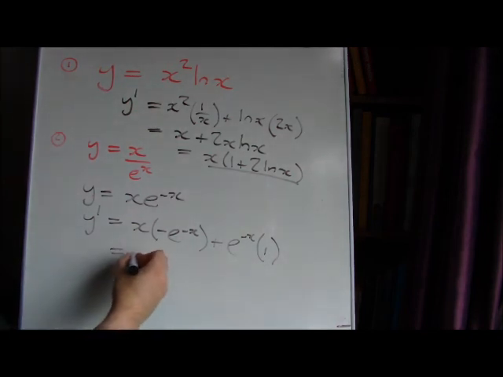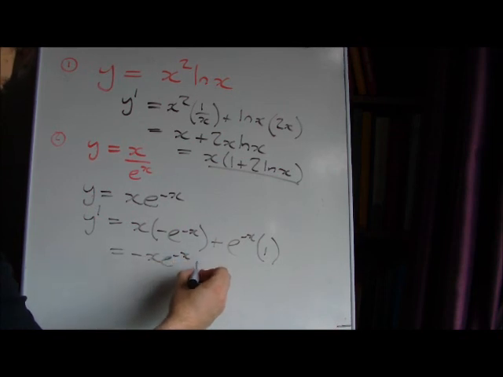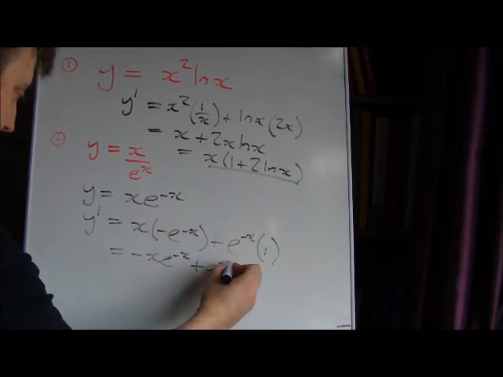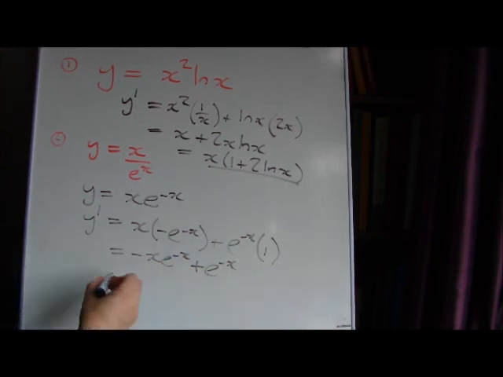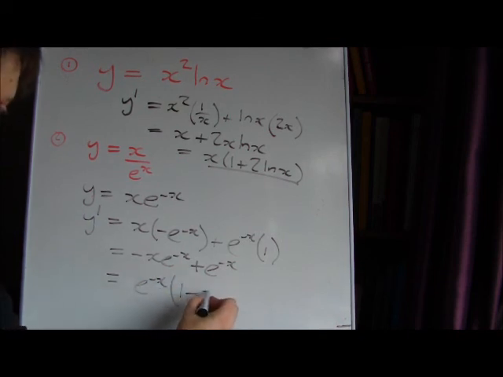So we could simplify that to give me minus x e to the minus x plus e to the minus x. And we could go one more step. We could factorize that. There's a common factor of e to the minus x. So that will give me minus x plus 1, or 1 minus x.